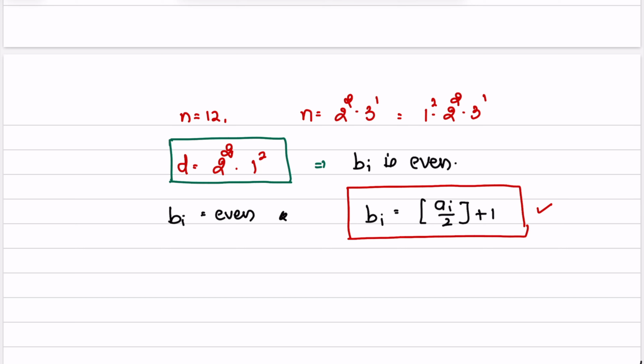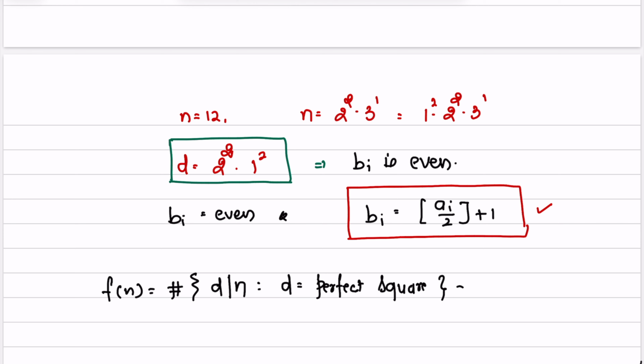Now here, what is given: Fn is equal to the number of elements d in the set where d divides n such that d is a perfect square, is equal to 7.